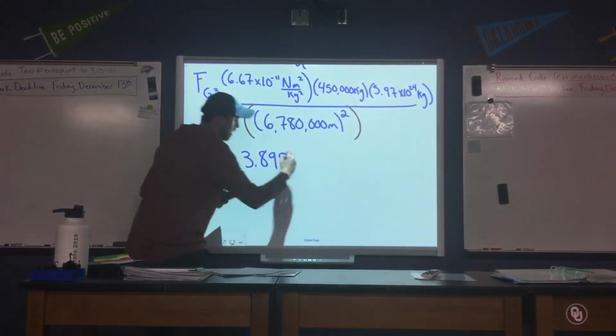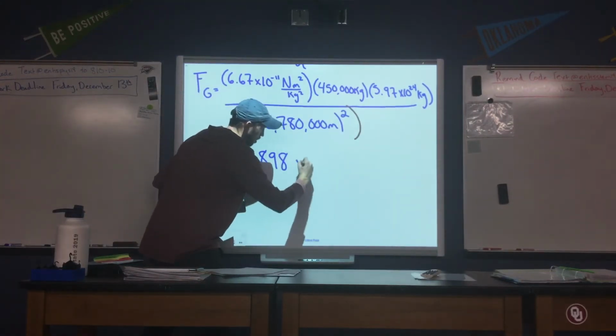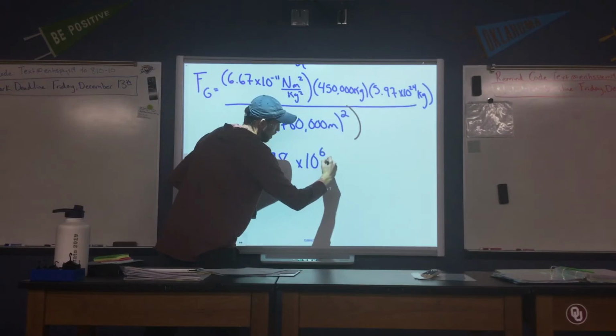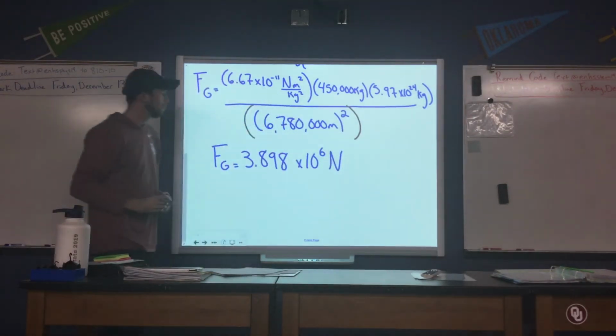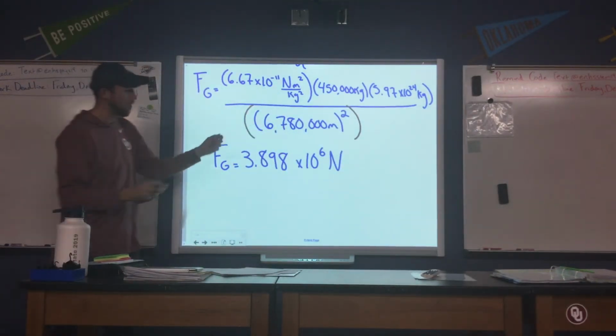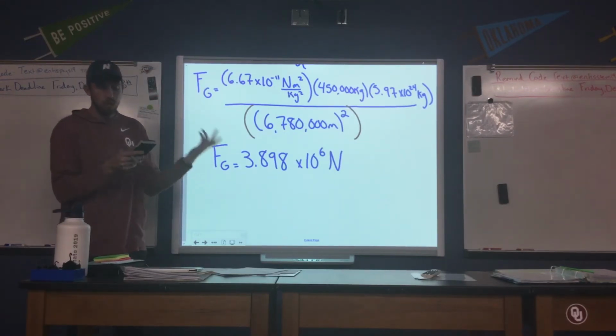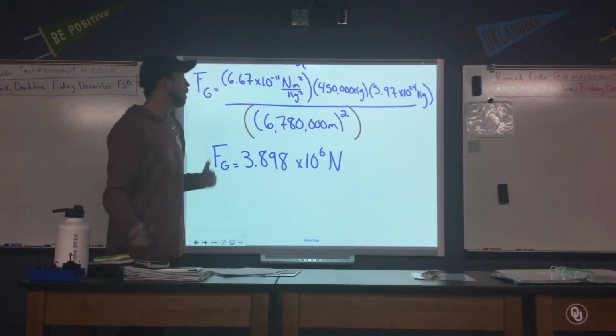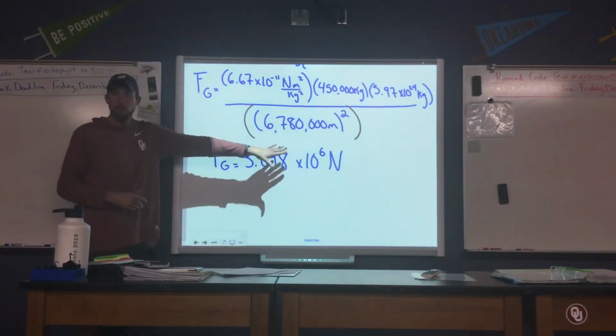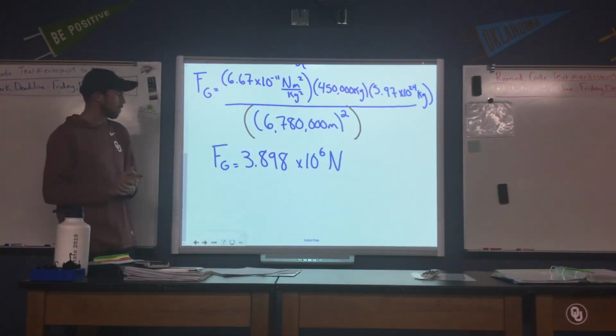Okay, 3.898 times 10 to the 6th power newtons. Now, the calculator might give you a value that is not in scientific notation, something in that range. But we can write it in scientific notation to shorten things up a little bit.